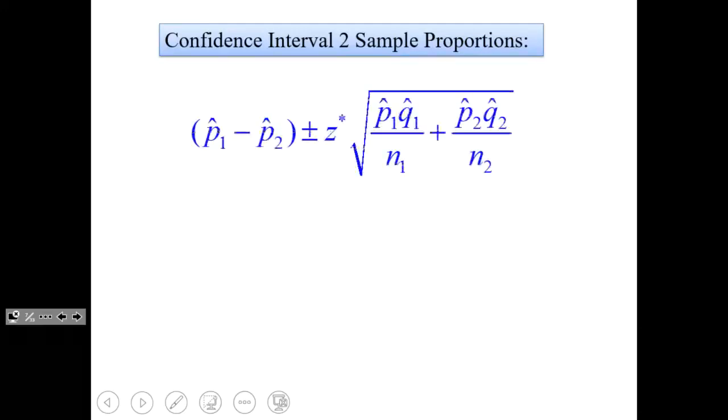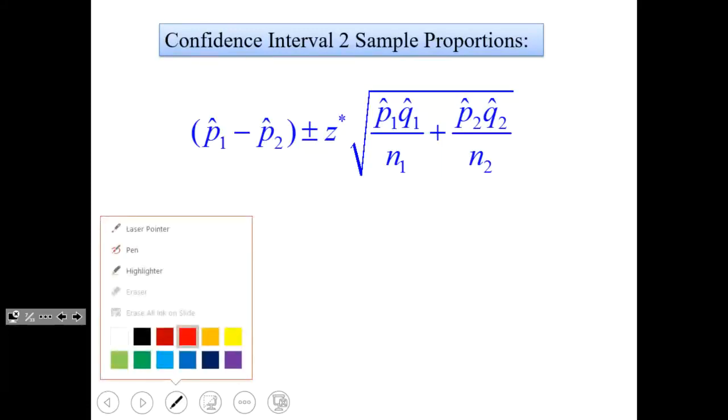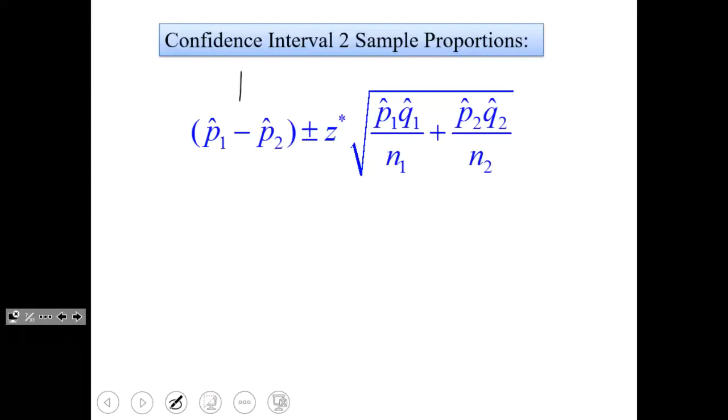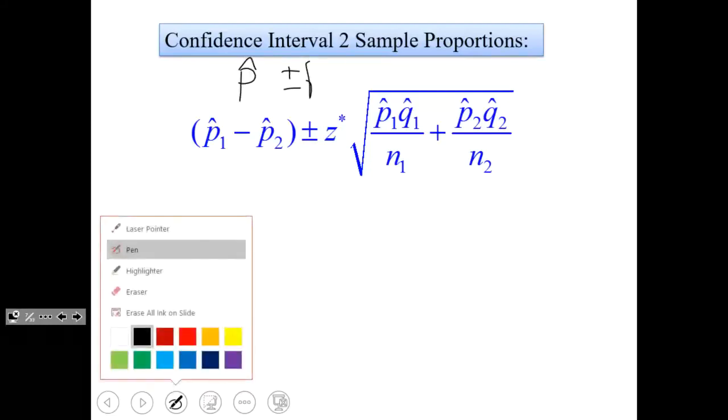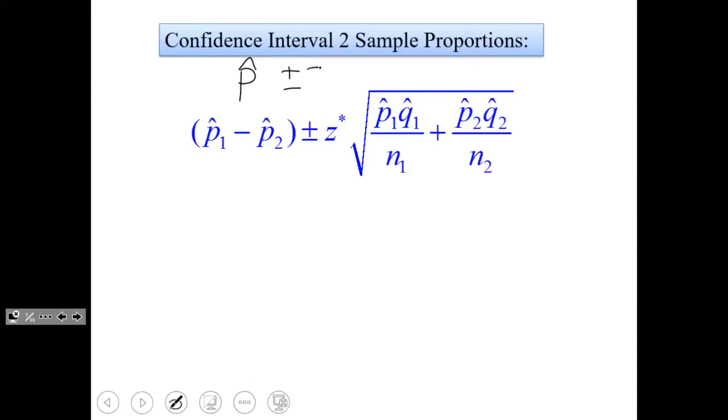So let's see how we run this. A confidence interval for two sample proportions. Just like before, we did confidence intervals before the hypothesis test, and we'll do a confidence interval before we go into the hypothesis test. First, it's just like the last one. The last one, as we recall, we had p hat plus or minus the critical value times the square root of p hat q hat over n.